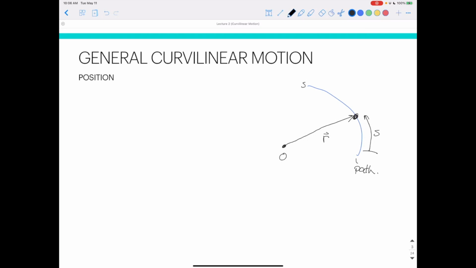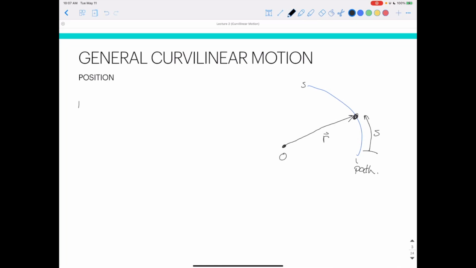So curvilinear motion just means a particle that's moving along a curved path. And we'll always use vectors to describe this because the motion is in multiple dimensions, 2 or 3. And then we always have to distinguish between position vector R and the actual path function S, where S is just the direction or the dimension that represents the path.